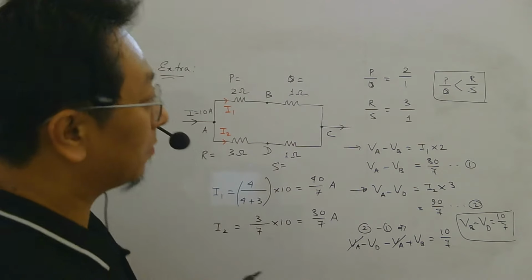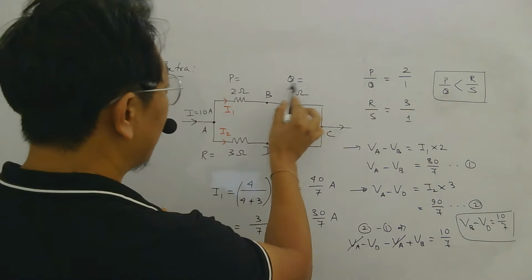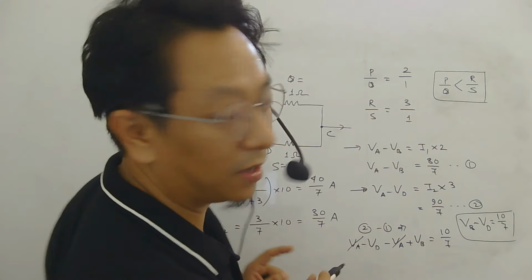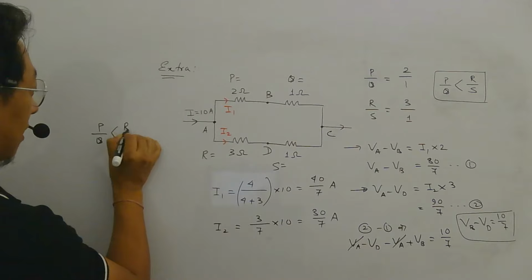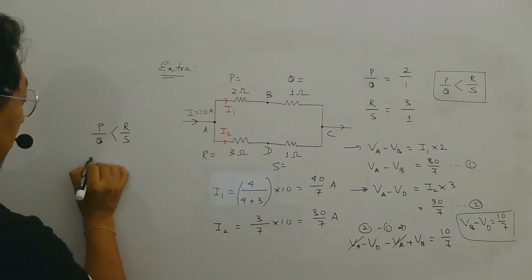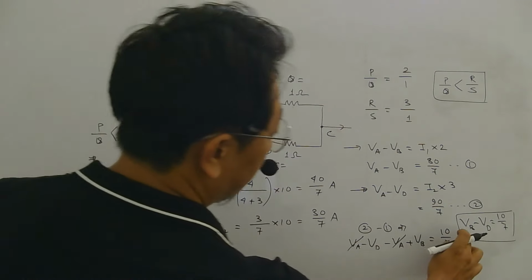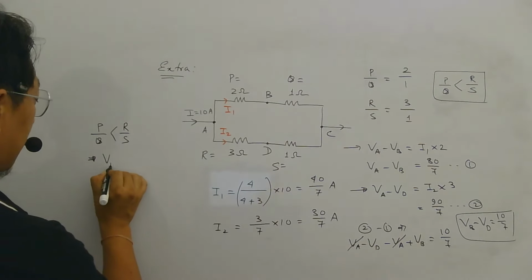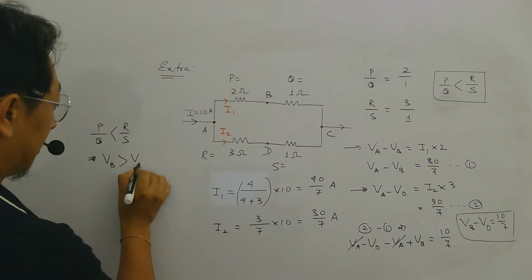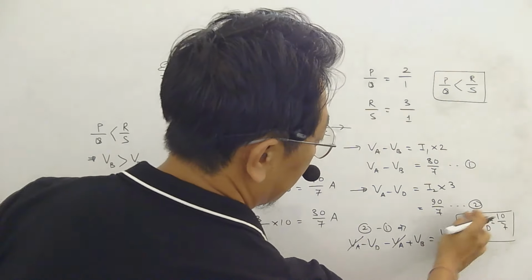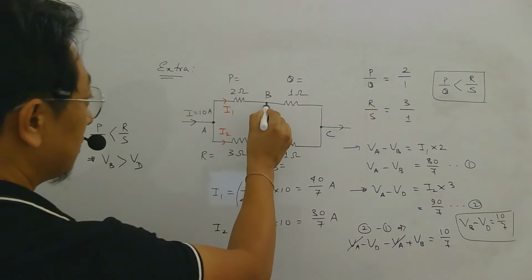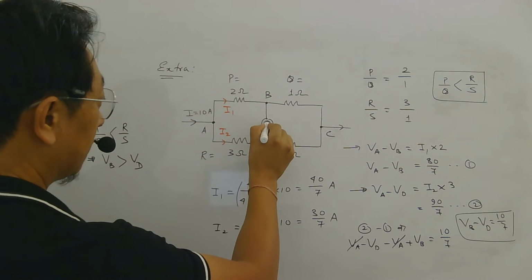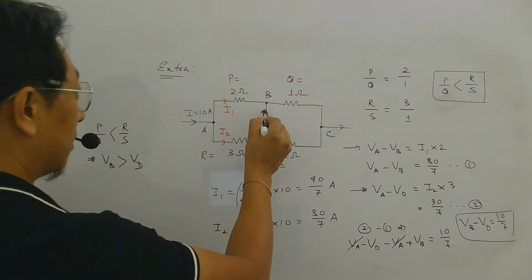So try to remember that if P by Q is less than R by S, it means the potential of B is greater than the potential of D, isn't it? Because this difference is a positive number, so VB should be greater, which means if I connect a galvanometer, current will flow down.